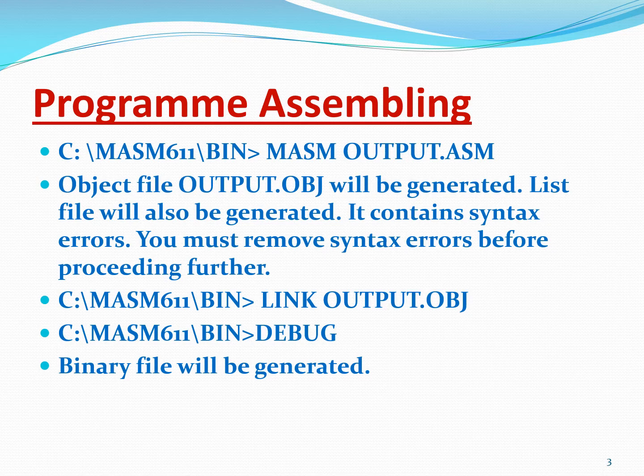Now you are trying to create the object file, and with this the list file will also be generated, and it will contain syntax errors. You must remove the syntax errors before proceeding further.